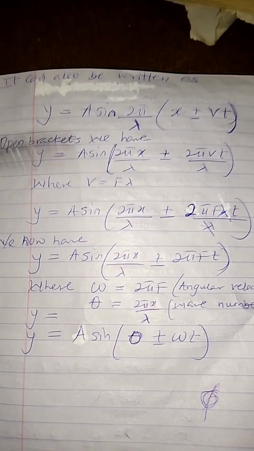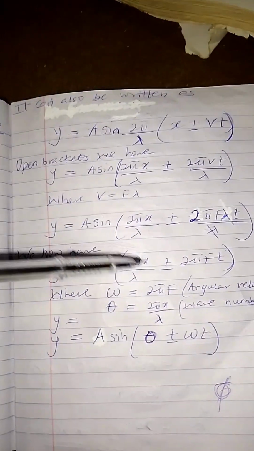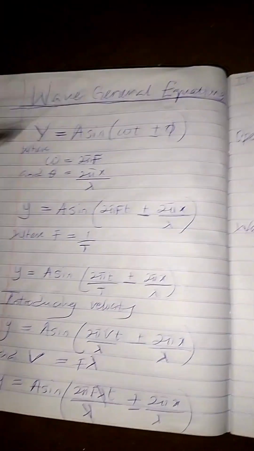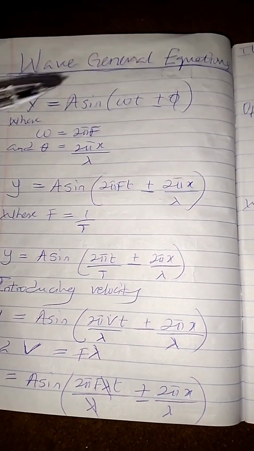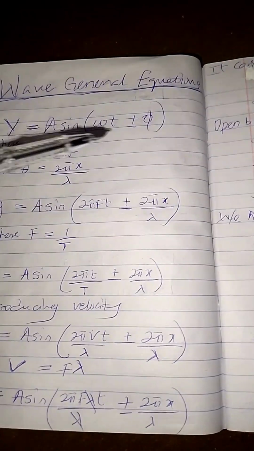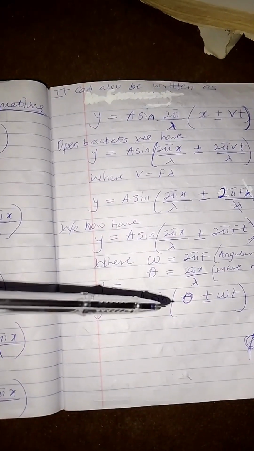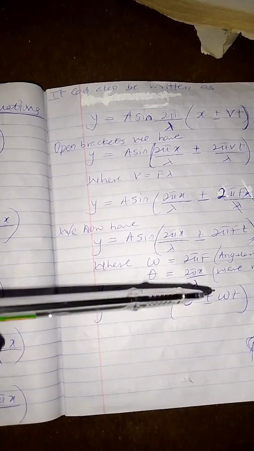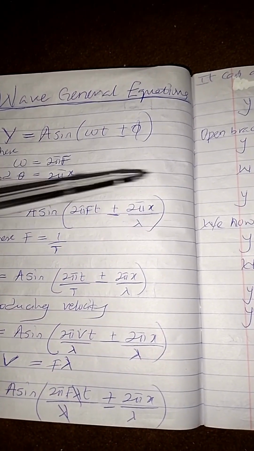Note all equations here, they are important. Now if you are confused, I'll take you to this other part again. You see the omega t that you saw here just now: theta plus or minus omega t. I now brought the omega t forward, plus or minus theta.